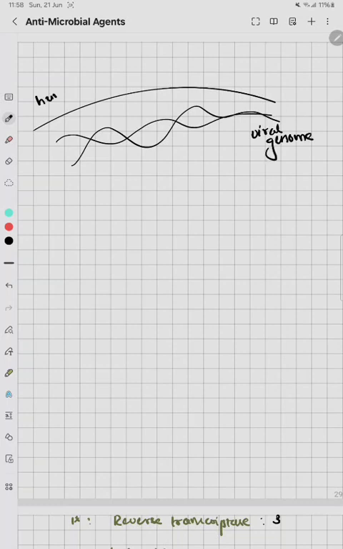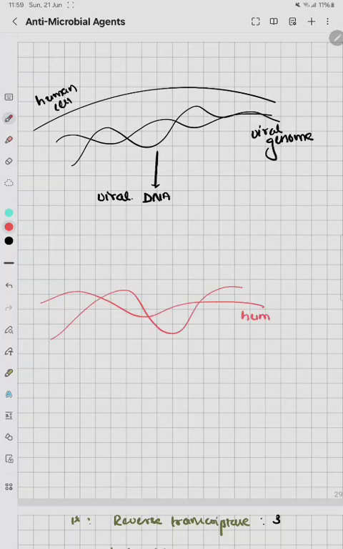This is all within the human cell. In that case, it first has to convert itself into DNA so that it can incorporate itself into the human DNA. And this is the integration of the viral DNA into the human DNA.